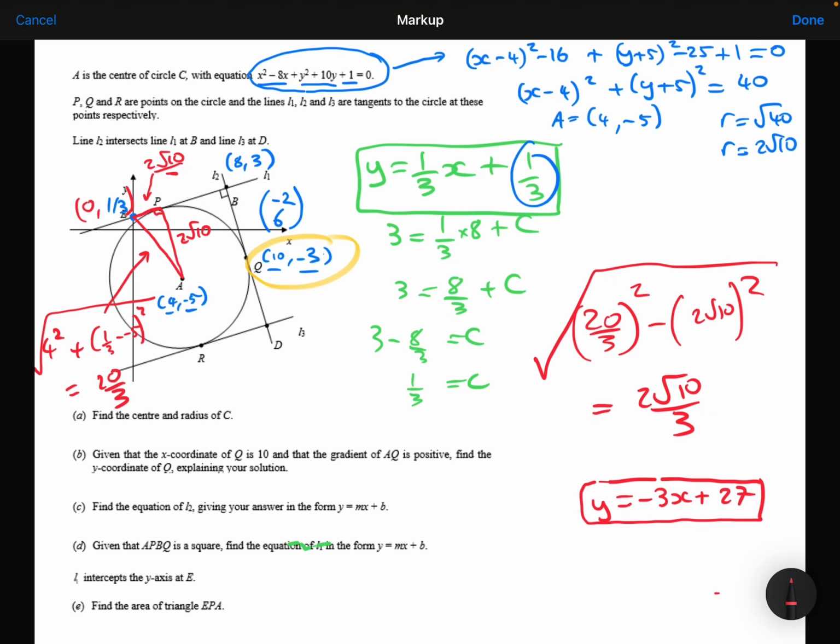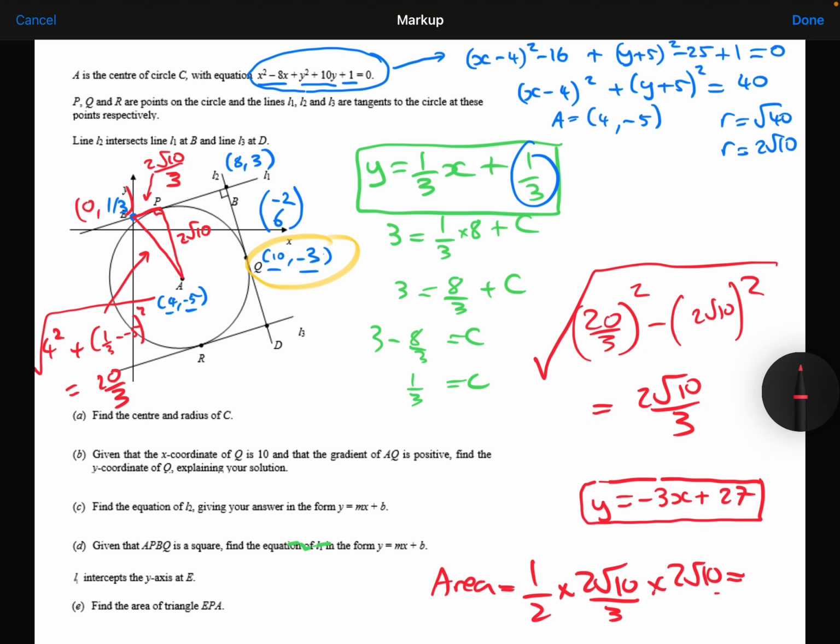And now I can do half base times height. So the base of this triangle is 2√10/3. The height of the triangle is 2√10. And so that gives me the area of 20/3. And we're done.